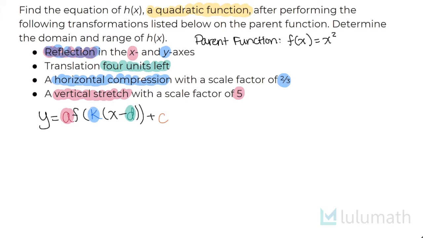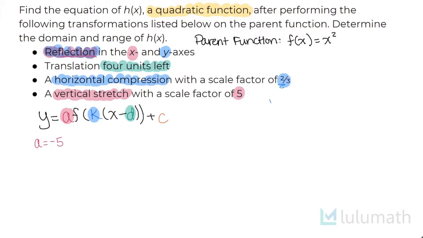So let's apply all that information to find a, k, d, and c. We know that a has to be negative because we have a reflection in the x-axis, but it's going to be -5 because we have this vertical stretch with a scale factor of 5. So a equals -5. Now let's find k. We know k has to be negative again because it's a reflection in the y-axis, and we have a scale factor of 2/3.